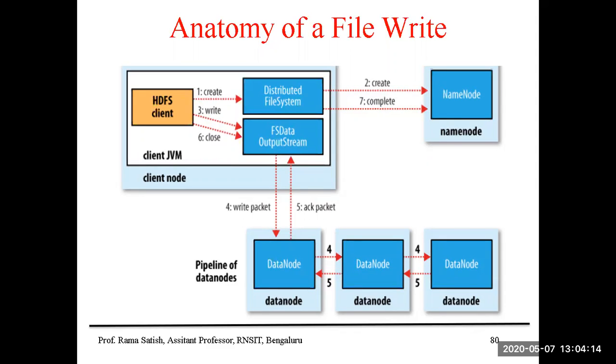This particular diagram talks about the entire operation. There are 7 steps that need to be carried out in order in the entire process. So let us discuss each one of them one by one.